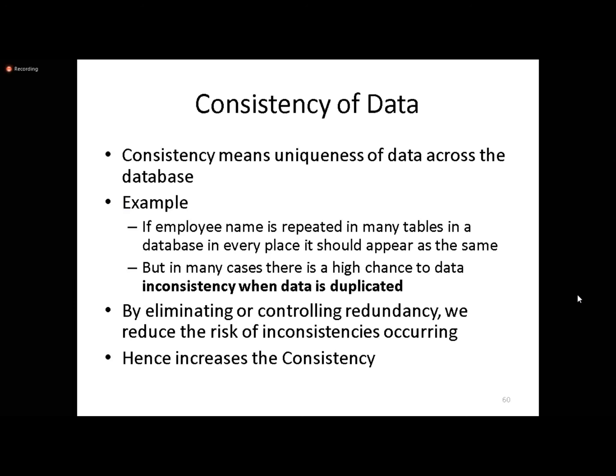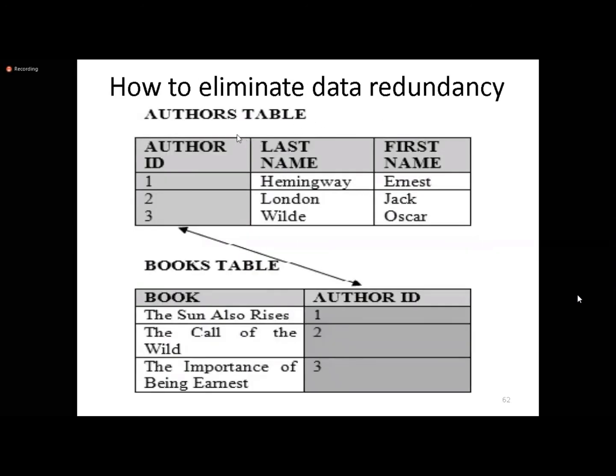All the records are not redundant in an ad hoc manner. So here is one example of how we can eliminate data redundancy. As I already showed you, this is another example. You can create redundancy using this referential integrity.